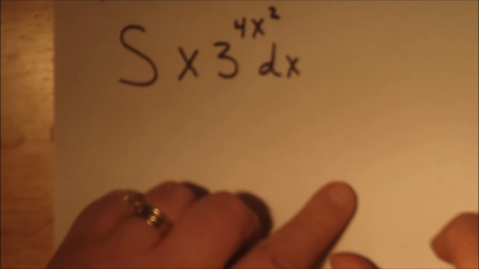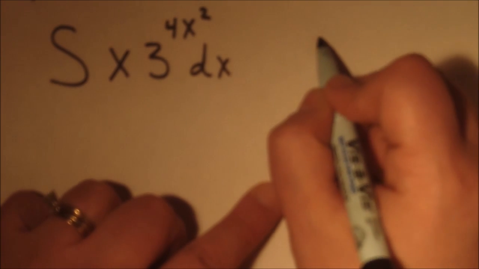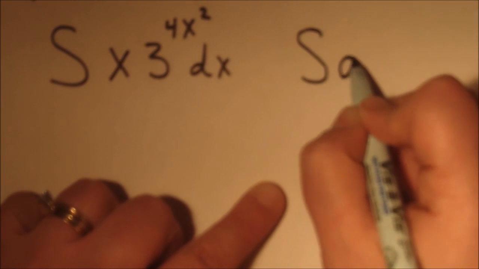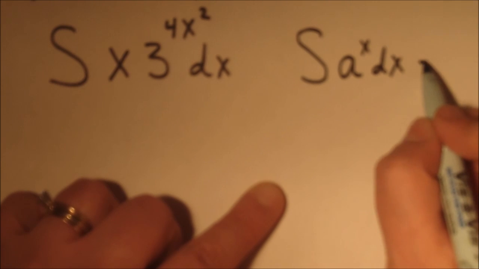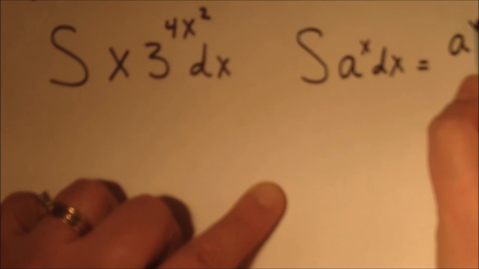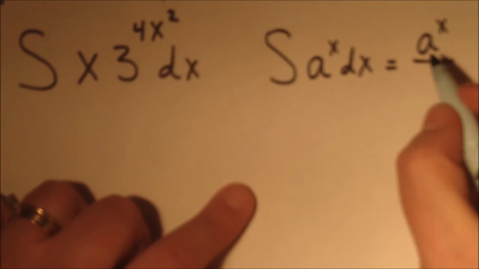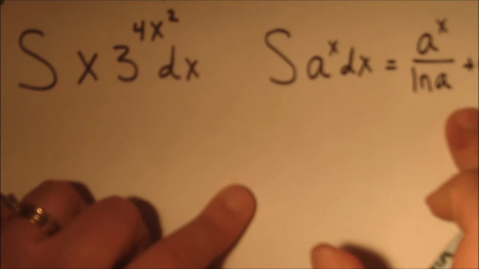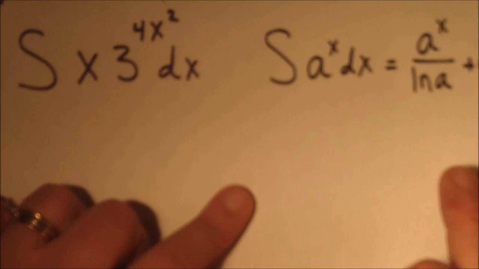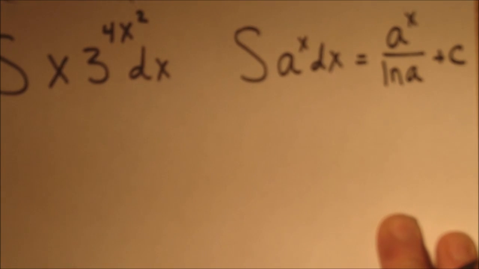And just to remind you, to find the antiderivative of a to the x dx, what I get is a to the x over natural log of a plus c. This is the general rule that I'm using. So again, please pause and try this exercise.